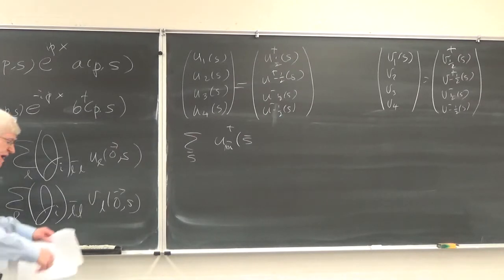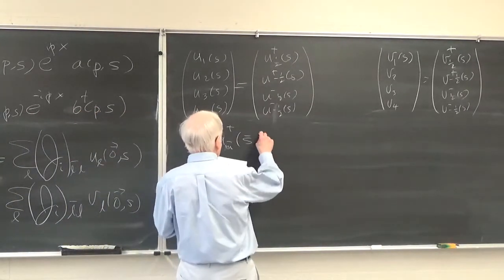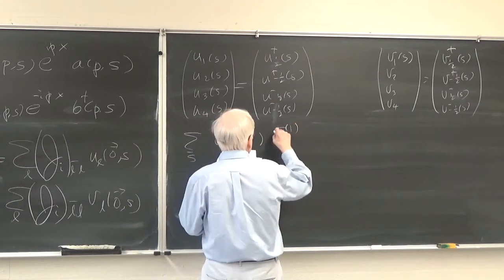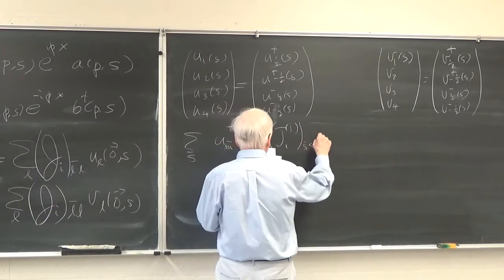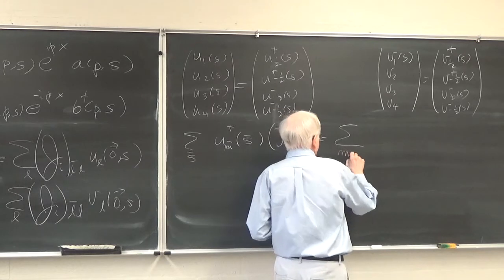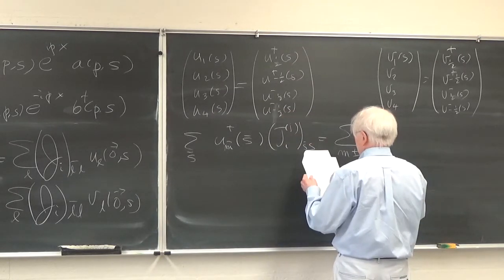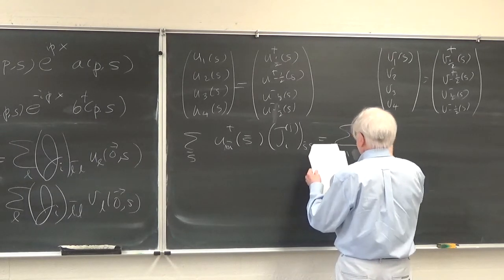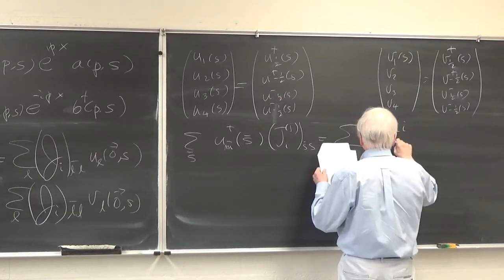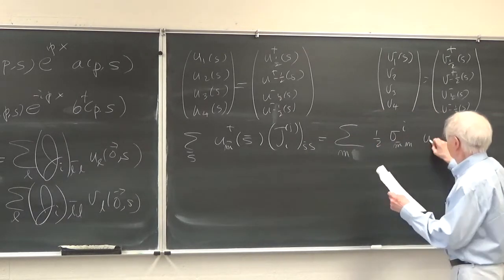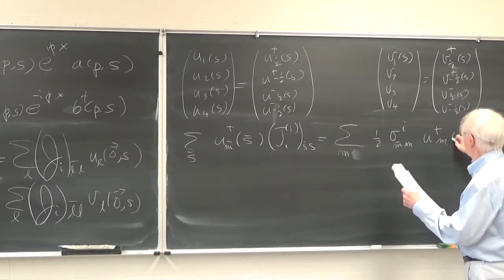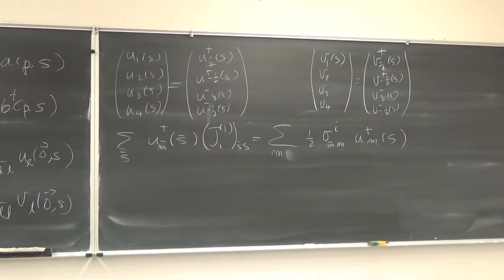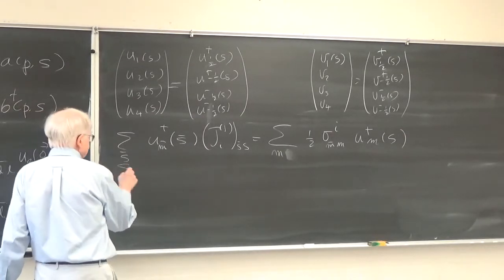It is zero momentum, but I'm not going to say so explicitly, because I think this will be clearer here. Now we're summing over M, and plus M, well, we're just going to plus, so we're just summing over M. And this is 1/2 sigma_i, M bar M, and then this is U plus M of S. So the plus part of this equation looks like that. The minus part looks entirely similar.